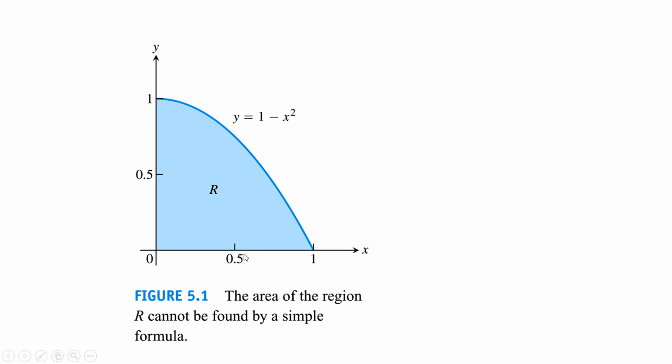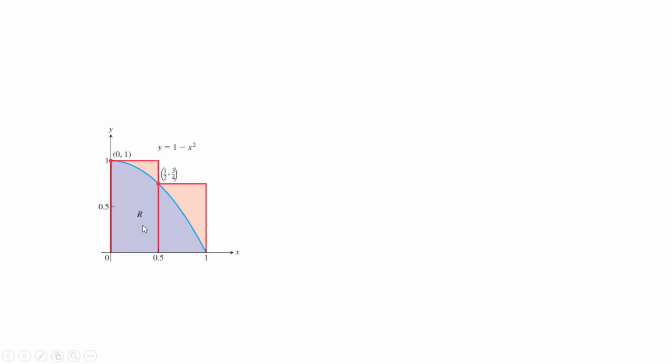We'll start with the basic shapes, and we'll try to convert this irregular shape into some regular shapes, or the sum of regular shapes, and we'll try to approximate the area of this region by doing that. So let's see how it works. First of all, we are going to split this interval 0 to 1 into two equal intervals.